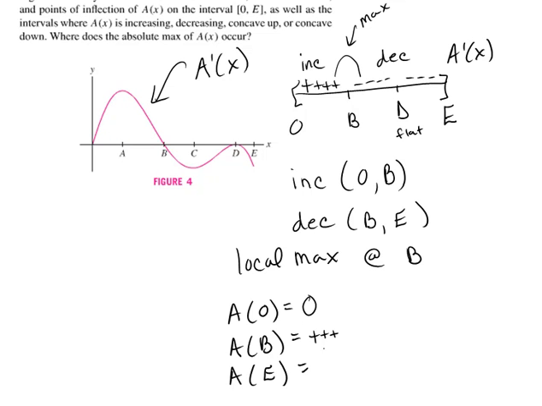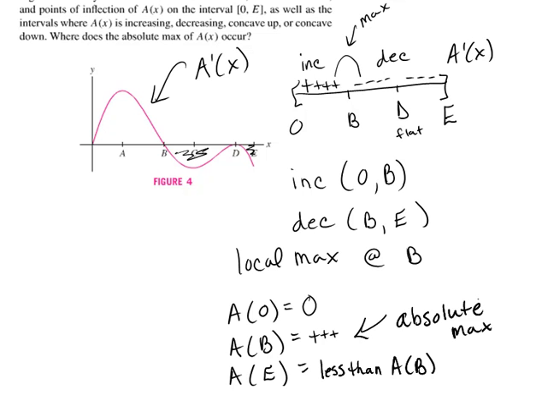So we don't know whether A of e is positive or negative. It's probably still positive because it's not as much area right here, but we do know that it's less than A of b, which is why this will be your absolute max at A of b.